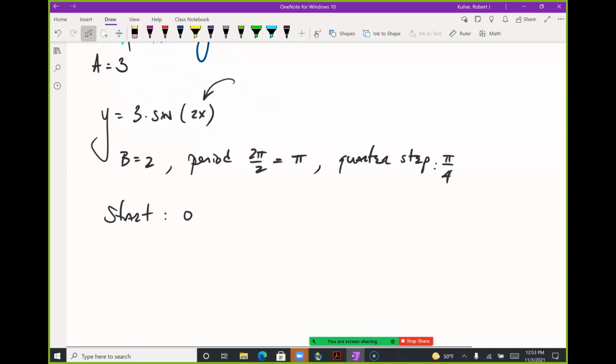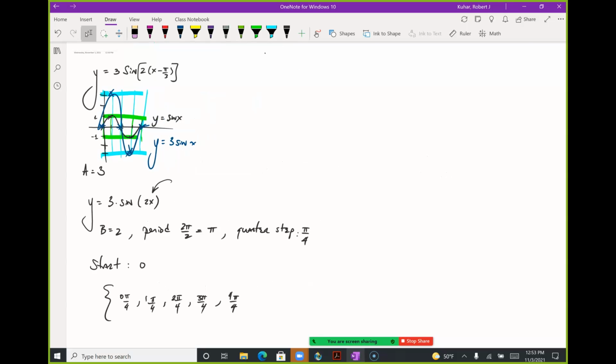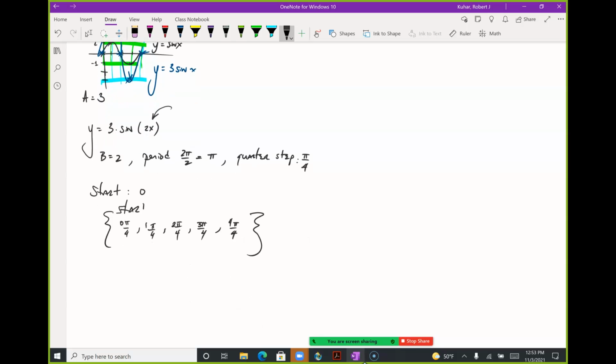And so obviously I don't really have to think about this process too much. 0 pi over 4 to 1 pi over 4 to 2 pi over 4, right? Does that make sense? 3 pi over 4, and finally end at 4 pi over 4. So this is my start and steps. But that was so easy I didn't have to really do anything.